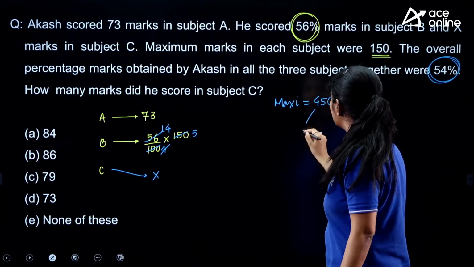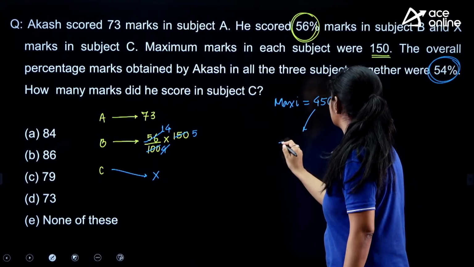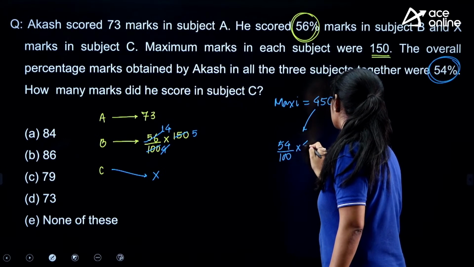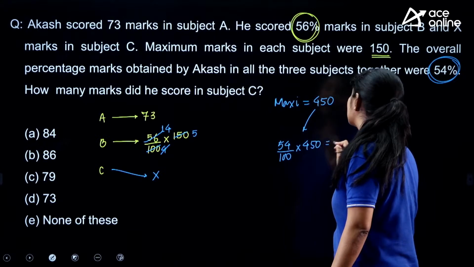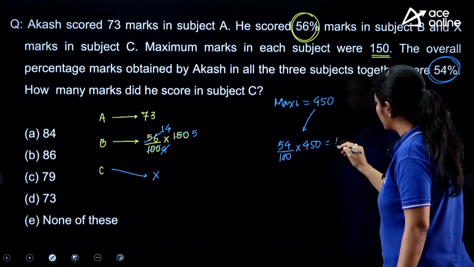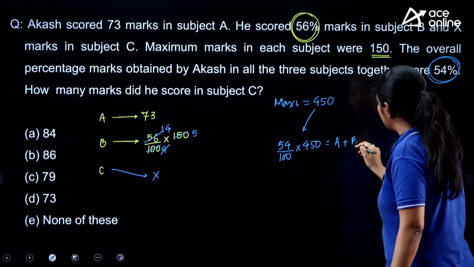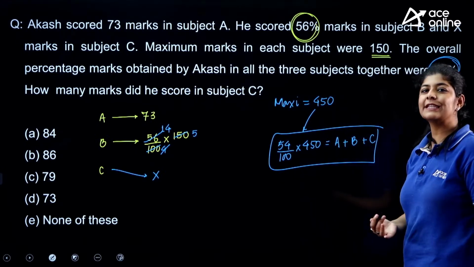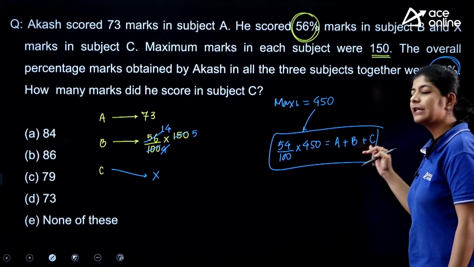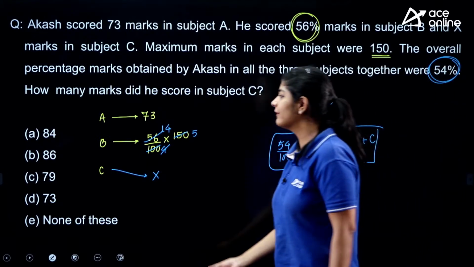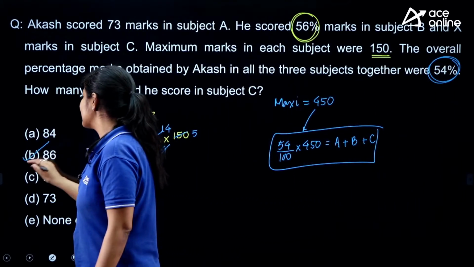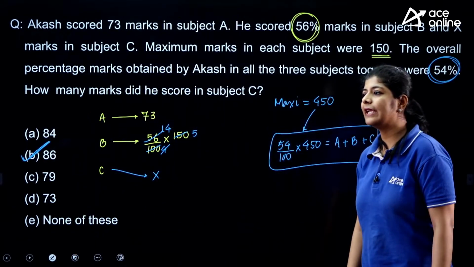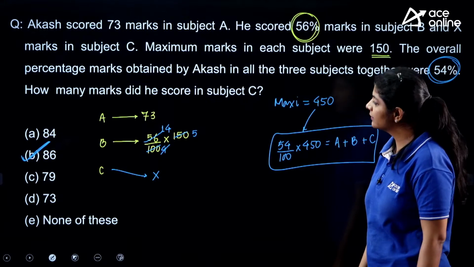So we simply have to calculate first 54% of 450, this is nothing but the total score scored by A plus B plus C. And with the help of this one, we can easily get the value of C, and that is nothing but option number B, that is 86. That is 86, right?